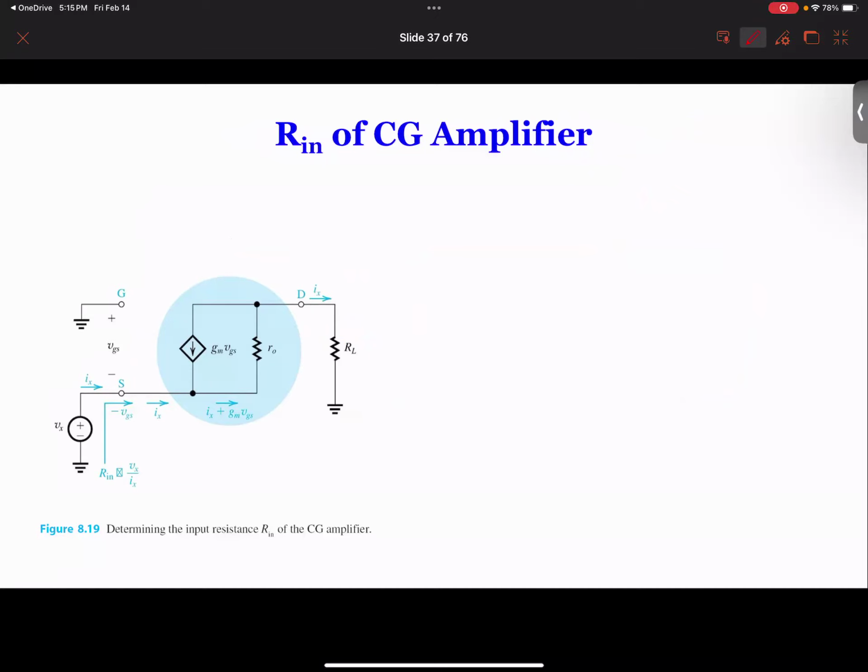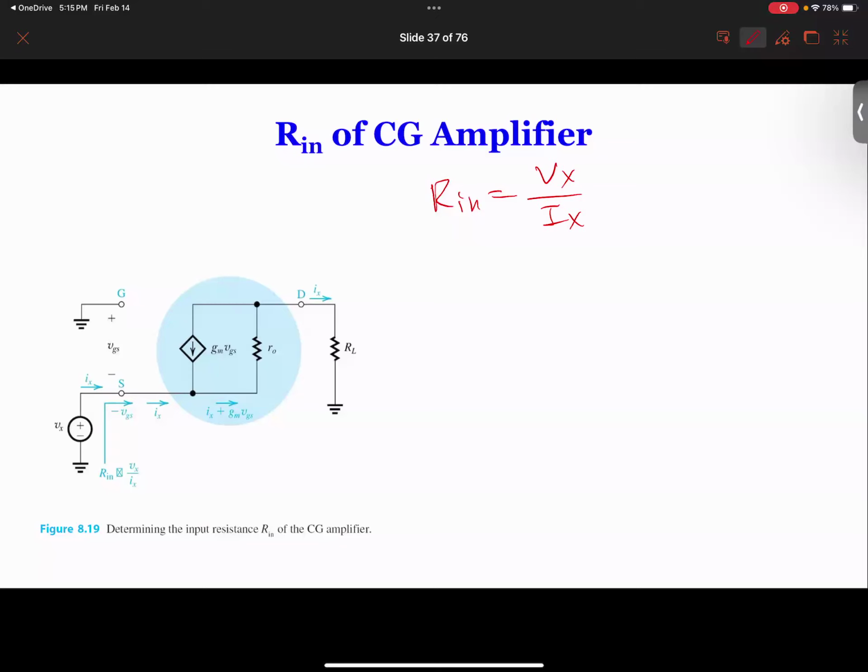We apply voltage Vx, and if we find Vx divided by Ix, we'll get the input resistance. We assume Vx, and eventually it cancels. If you assume Ix, you get Vx either way. Now, when we assume Vx, we just need to find out what Ix is.